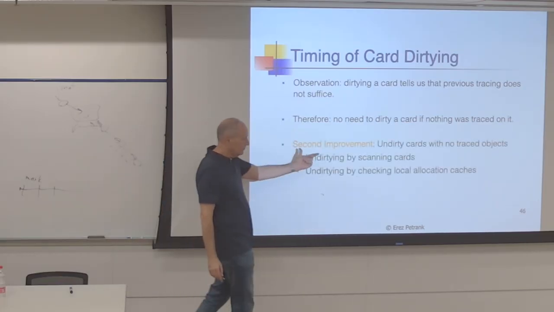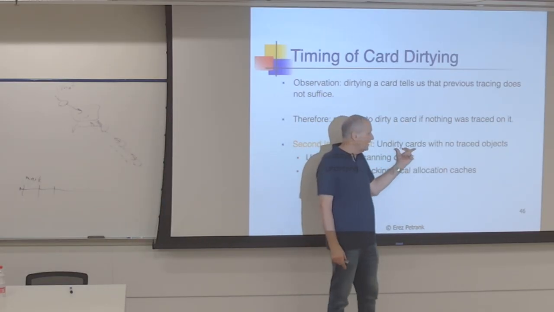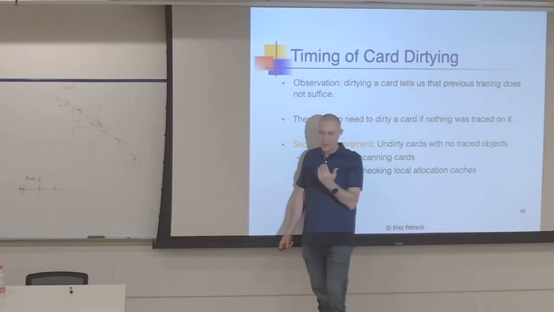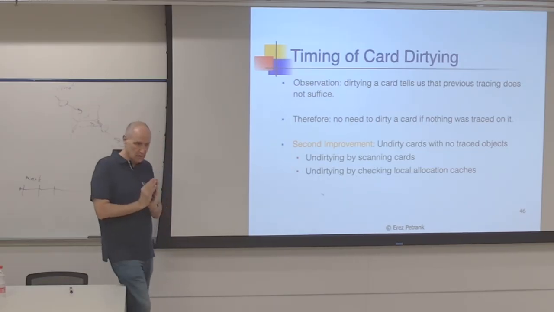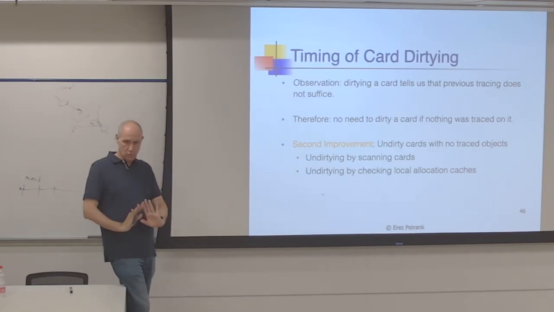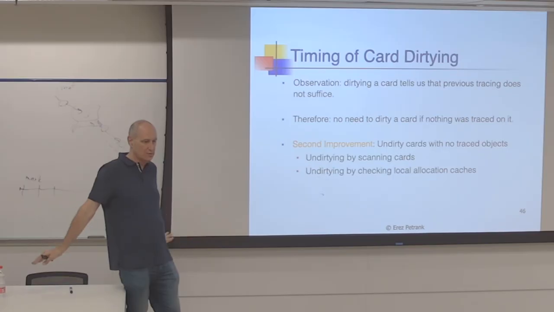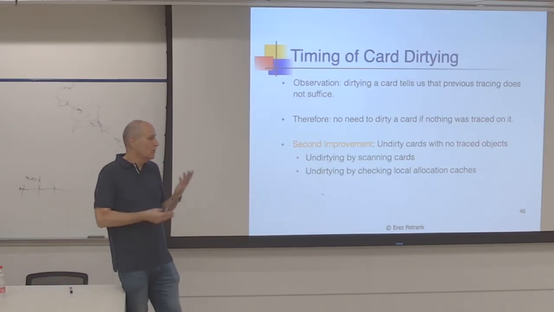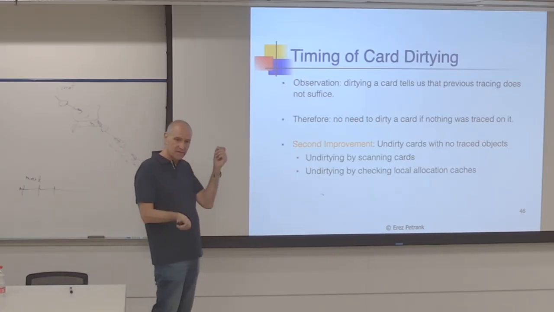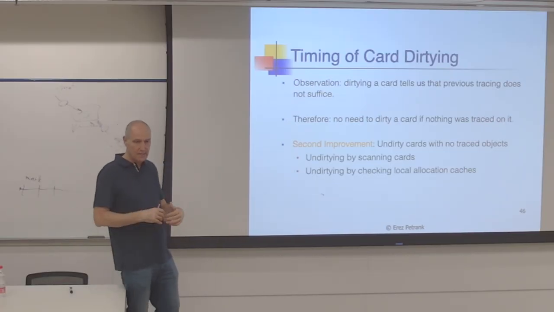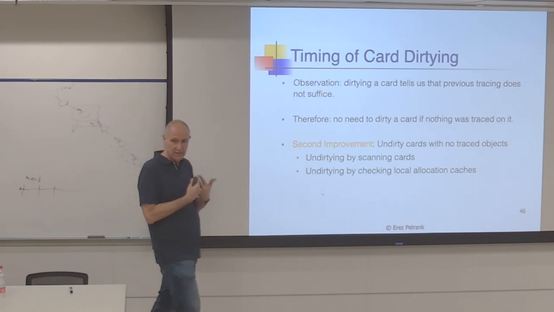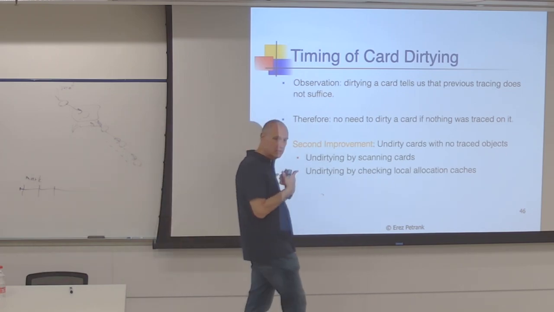So the second improvement is that I can even undirty cards. What I want is to let the program do card marking without any test at all. If I make the program check all the time if the card was dirty, was it marked, all of that, if there is a branch in the write barrier, this is going to make everything too costly.